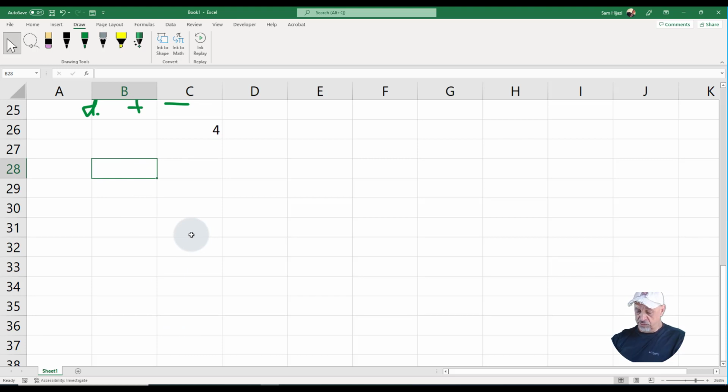And one thing I wanted to give you ahead, if I didn't mention it in another video: if you go to a cell and you say equal, which indicates to Excel that you're about to do a calculation, if I say 9 plus 3, that's going to give me 12 because Excel acts immediately on it as a calculation.